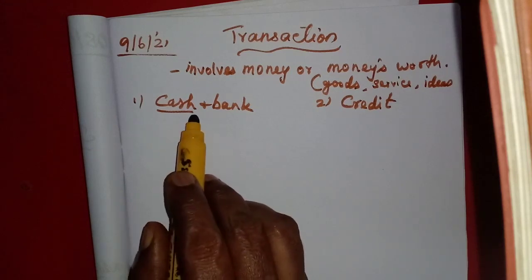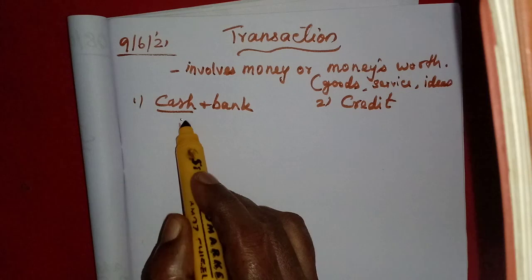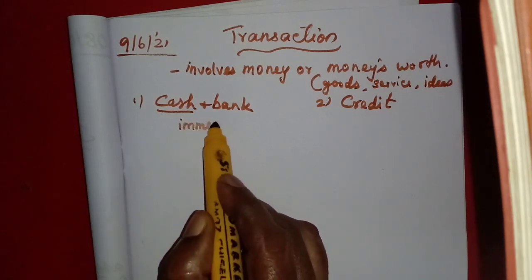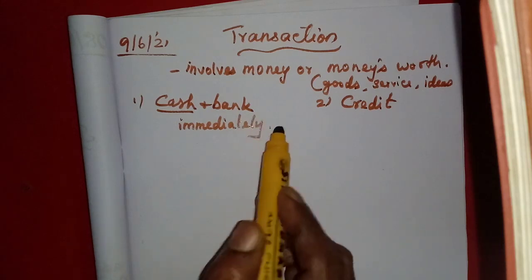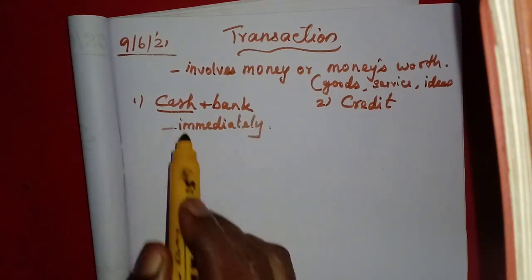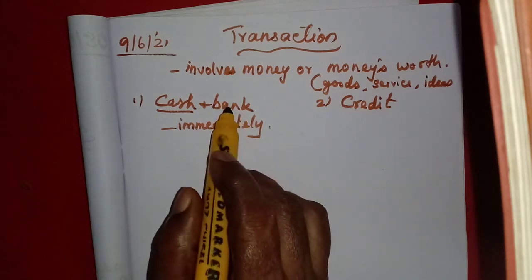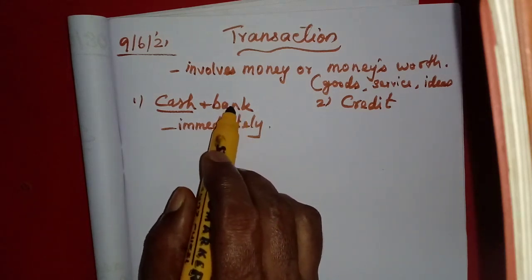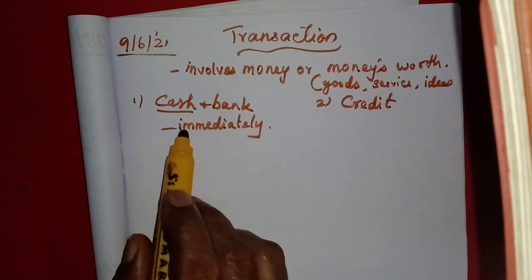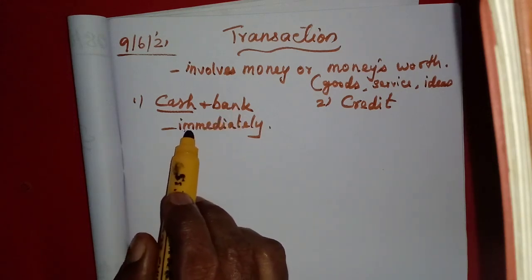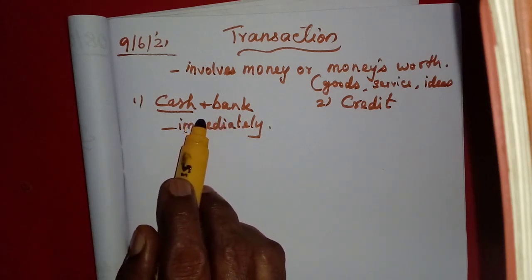In a cash transaction, payment or receipt of cash takes place immediately, at the time of the transaction. If we receive a check, we can say it is a bank transaction. So when the payment takes place immediately, we call it a cash transaction.